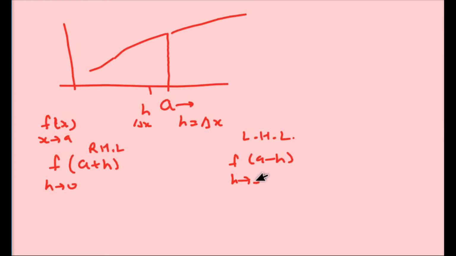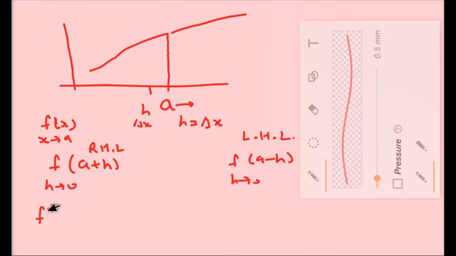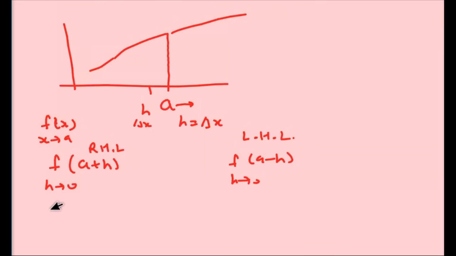Okay students, so using these two formulas, we can also write f(x), x tends towards a plus, means RHL. If we write f(x), x tends towards a minus, means LHL. Okay, so RHL and LHL can also be found if we cannot directly find the limit.